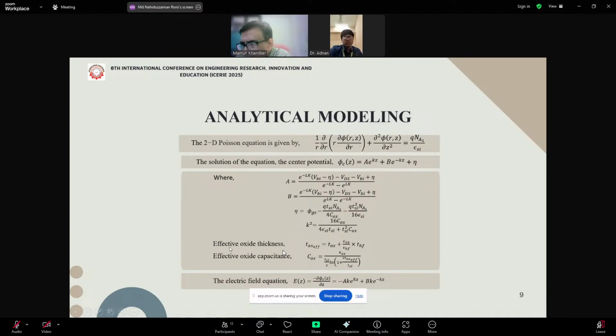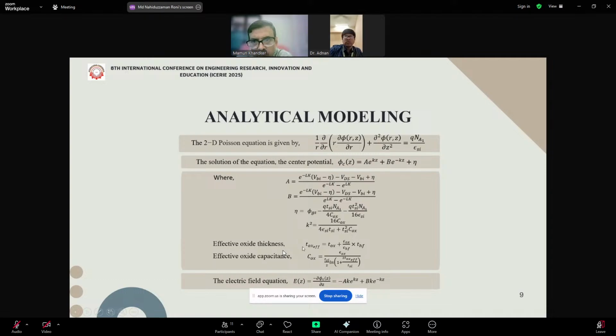And here we have the effective thickness equation and capacitance equation. We can see that EHF is the permittivity of the oxide we are using as stack. From this equation, we can say as the permittivity of the stack oxide increases, the effective thickness decreases.